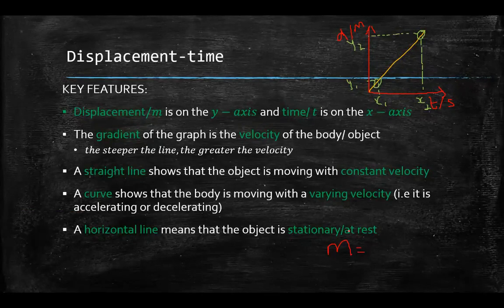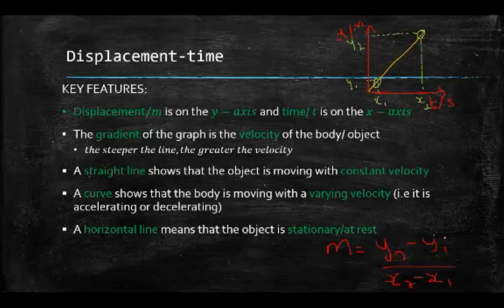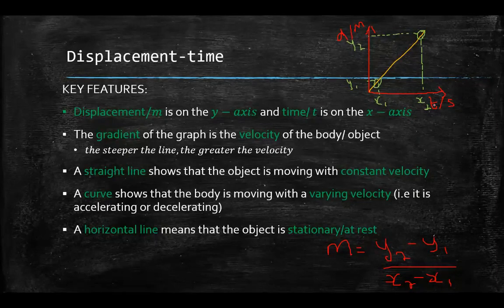Remember, gradient can be denoted by m. And it's y2 minus y1, or some people say the change in the y values divided by the change in the x values. Or you can use this, y2 minus y1 divided by x2 minus x1. And when I say y2 and all that, I mean these values right here, the values that you would read off.